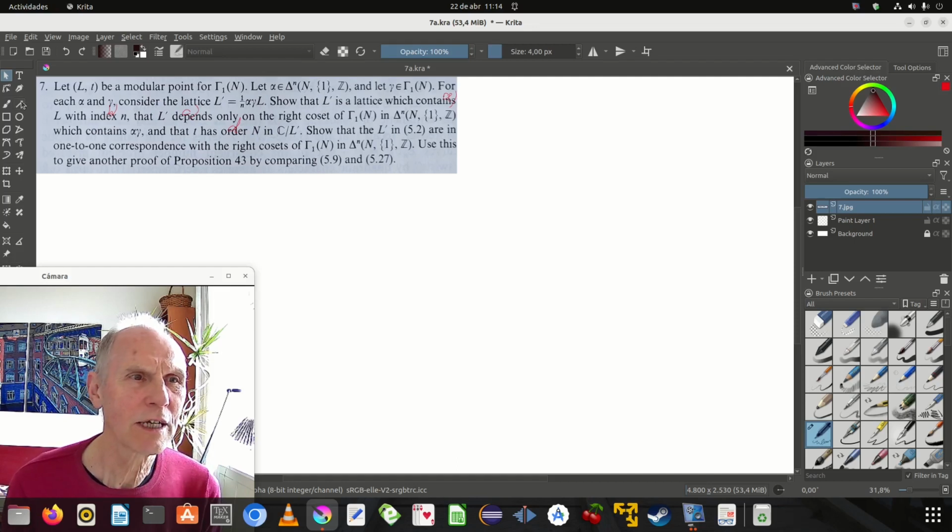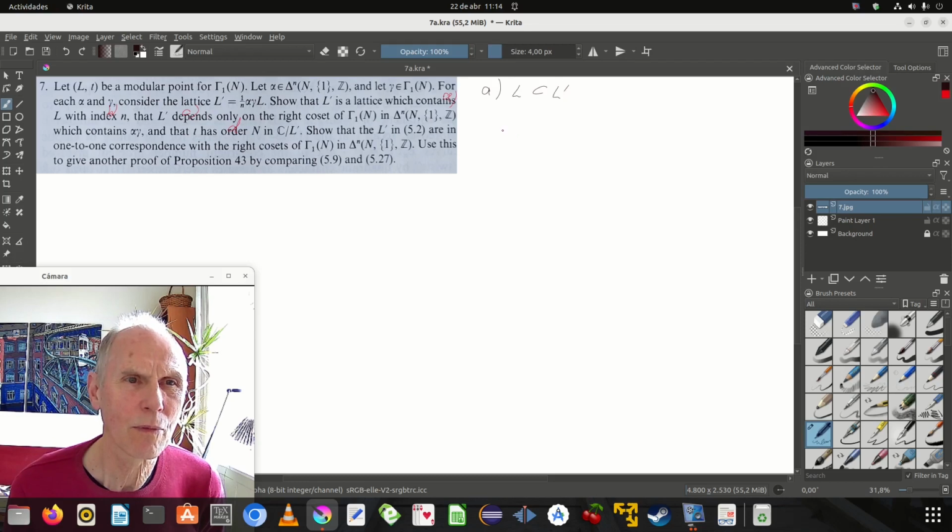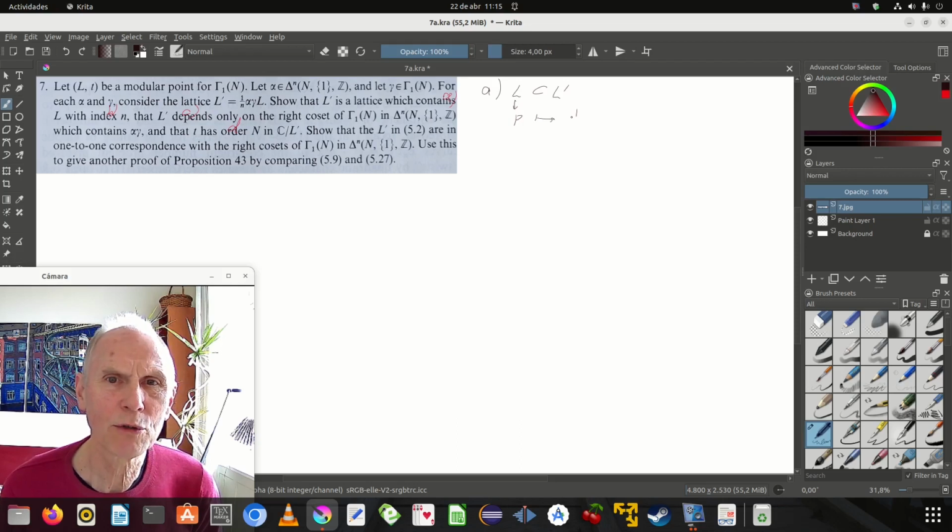First, L mark contains L. So the idea I have is that if we have an element in L, then it's mapped to 1 divided by n alpha gamma p in L mark.